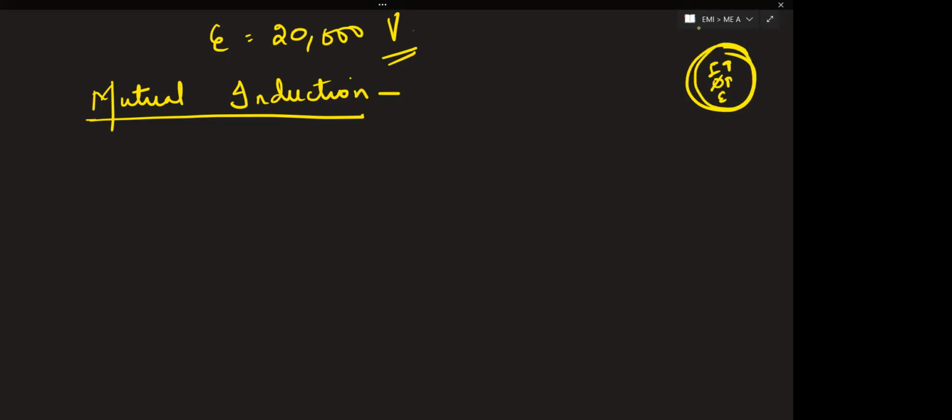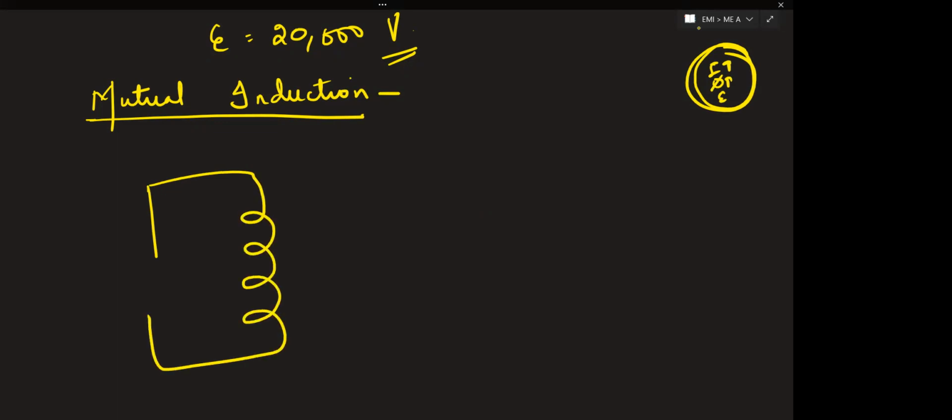In case of mutual induction, for example, let's take a coil. This is one coil with a normal battery and a key system.